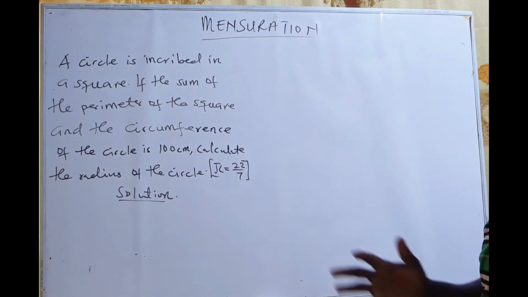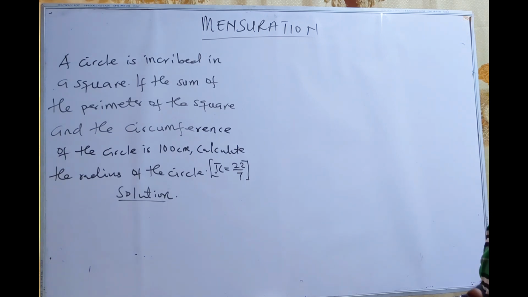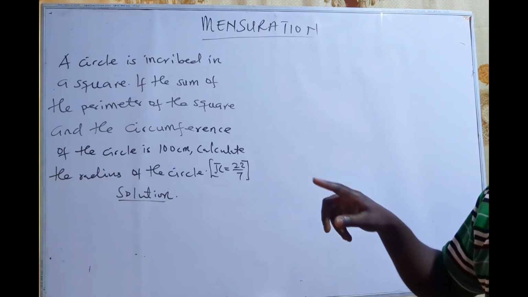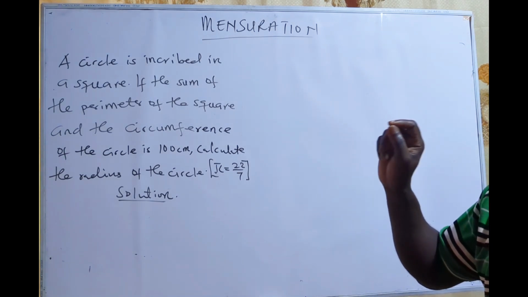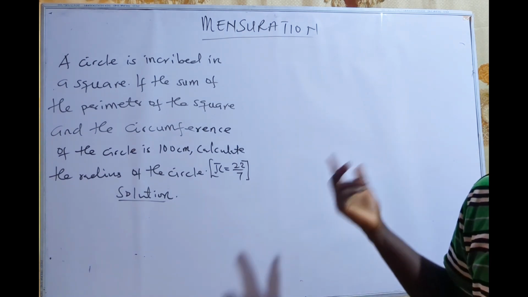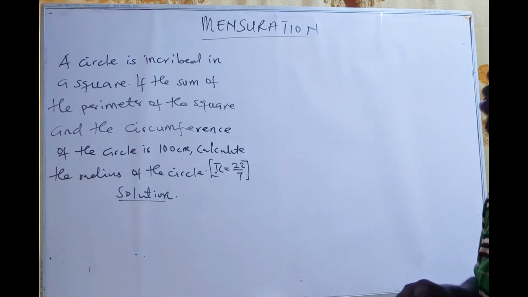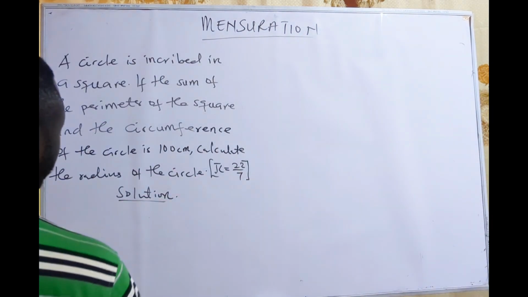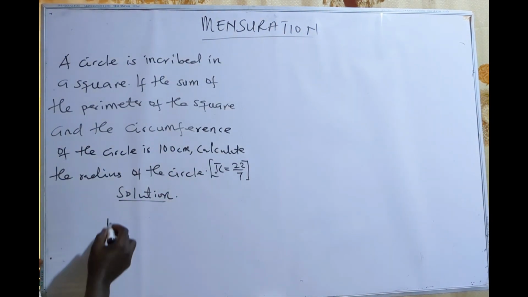Okay, so this question says a circle is inscribed in a square. What does it mean for a circle to be inscribed in a square? The circle is within the square, where the circumference of the circle touches the sides of the square. So this is how it will be.